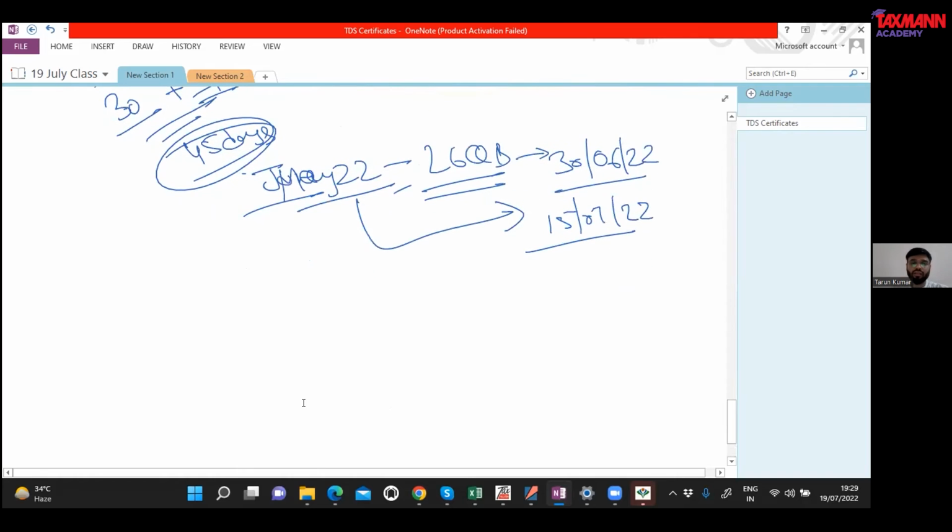Now I'll take another example here. Suppose tax is deducted in the month of June 22. What will be the date to file that TDS return? 31st July. No, there are 30 days, not 31 days. It is not a month, it is 30 days. Right. So the TDS return is to be filed by 30th July.